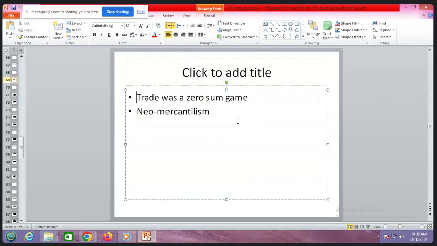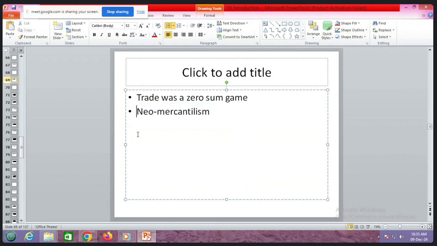So, the mercantilist view was heavily criticized, saying that trade is a zero-sum game according to mercantilists, and therefore it is not a valid theory in the recent times, because overall there is no gain that is happening in the trade. Okay, if it is a zero-sum game, it means that there are no gains or no benefits from the trade.